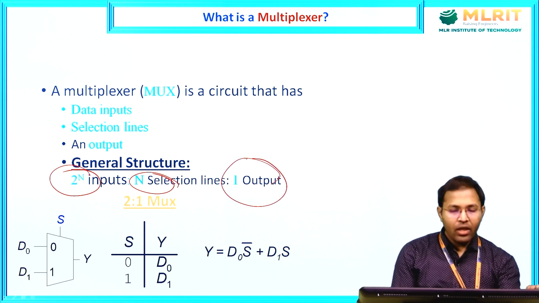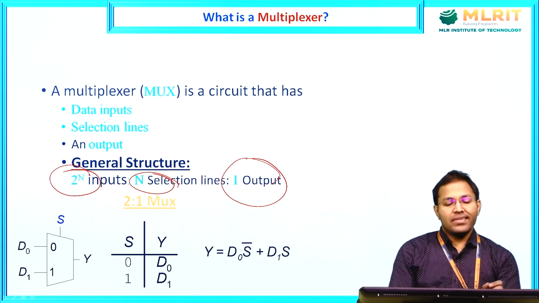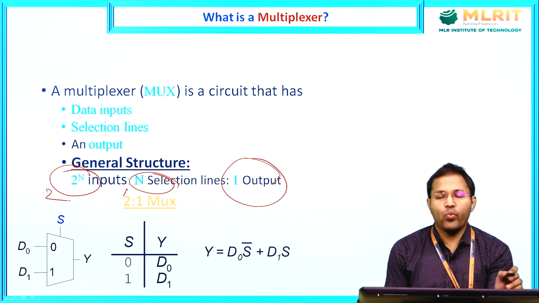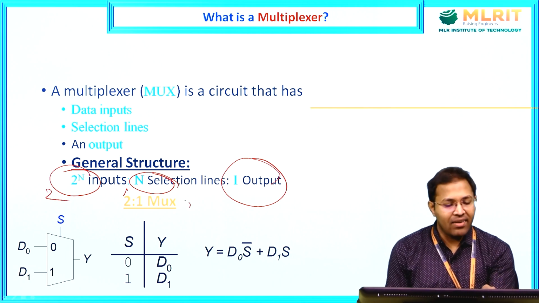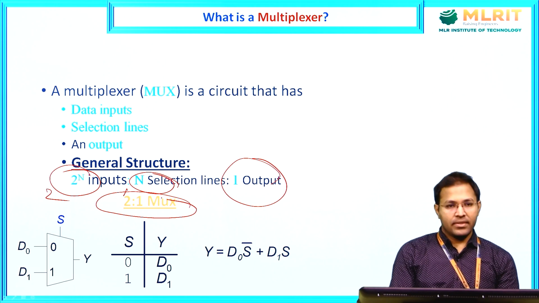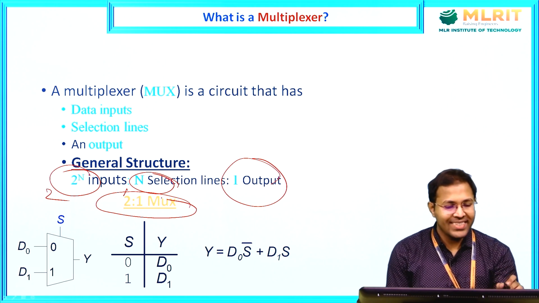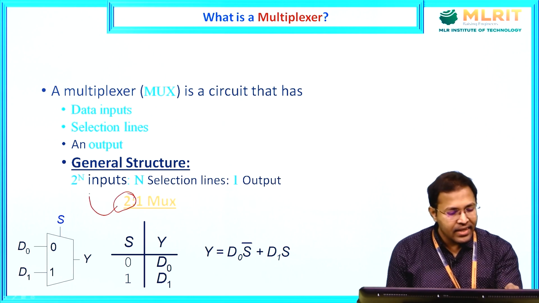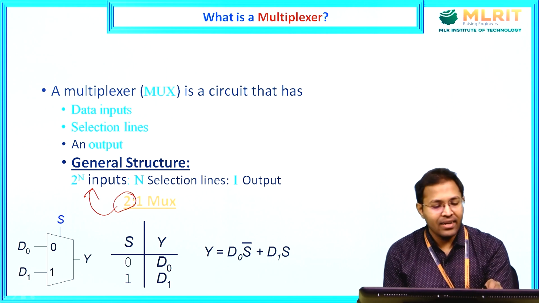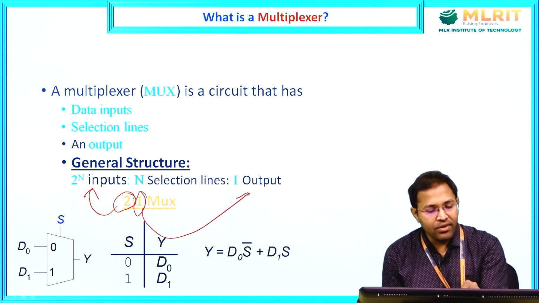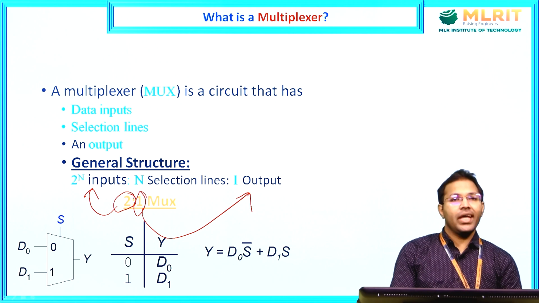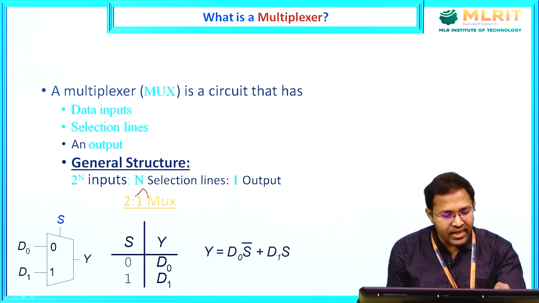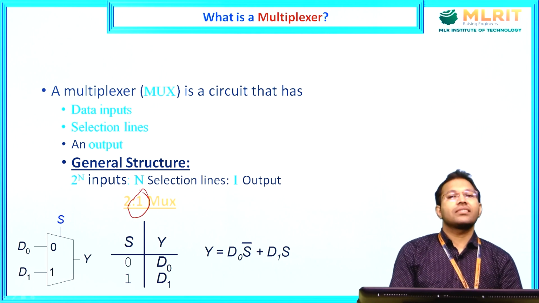And the output is always 1. Let us take one simple example where n is 1. When n is 1, 2 power n is 2. So the possible mux that you can have is a 2:1 mux. What does it mean? In 2:1 mux, 2 is the number of inputs and 1 is the number of outputs. This will not change for any multiplexer; the output is only one line.